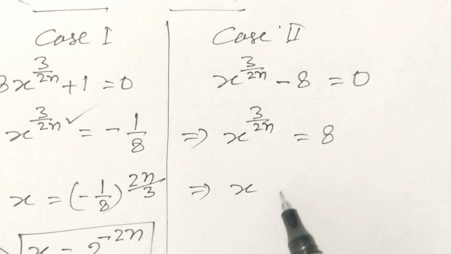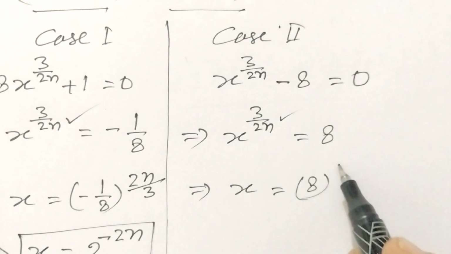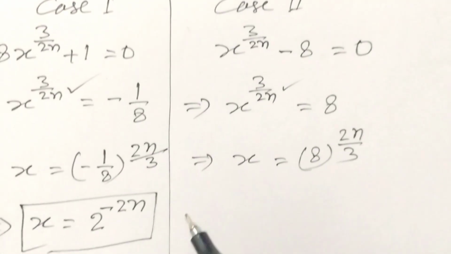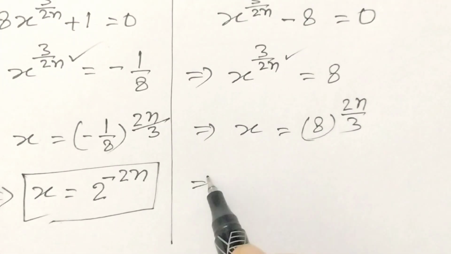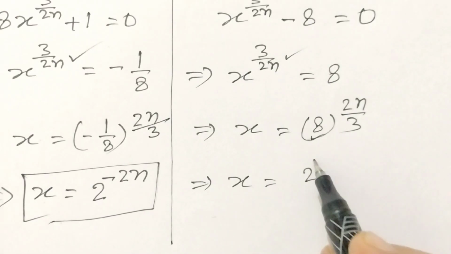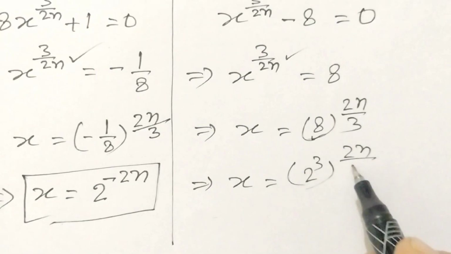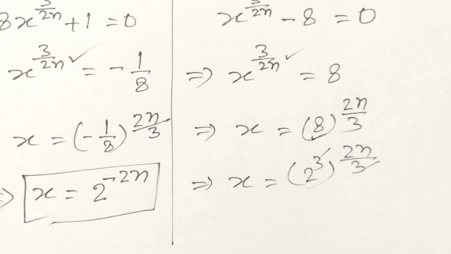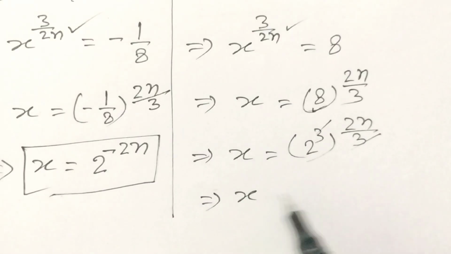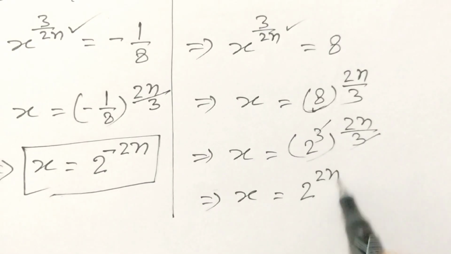So x will be equal to 8 to the power 2n over 3, right? So x is equal to 2 cube to the power 2n over 3, right? This and this will get cancelled out. So x will be equal to 2^(2n).